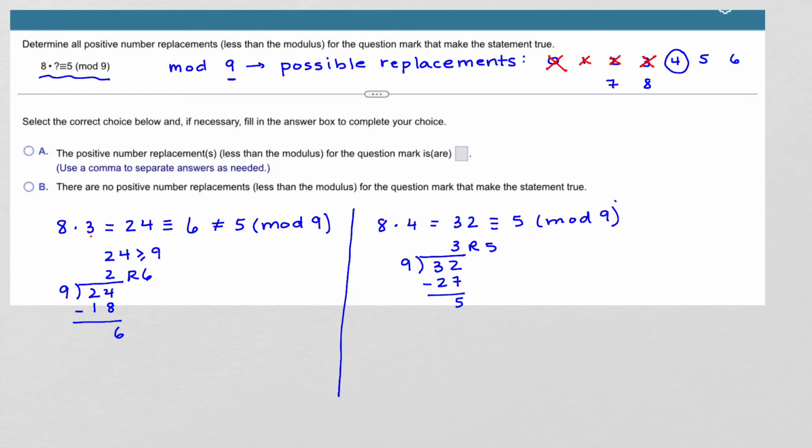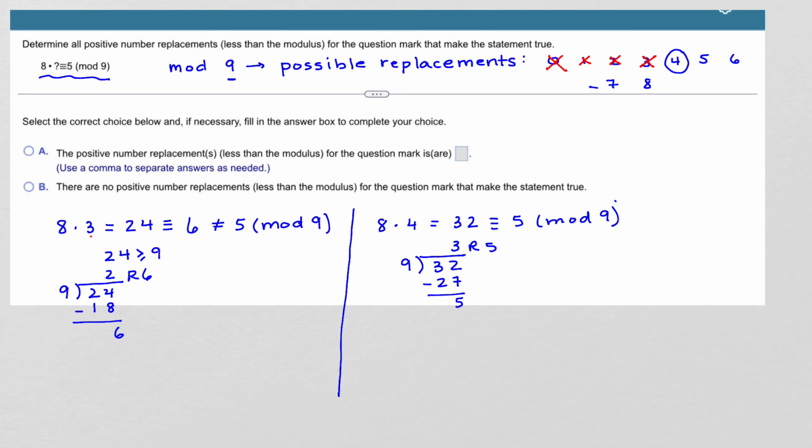So now I can continue checking the numbers 5, 6, 7, and 8, and what you'll see is none of those are going to work. There's always a pattern to these. We had 9 possibilities, and it took us to the 5th number to find an answer that works.